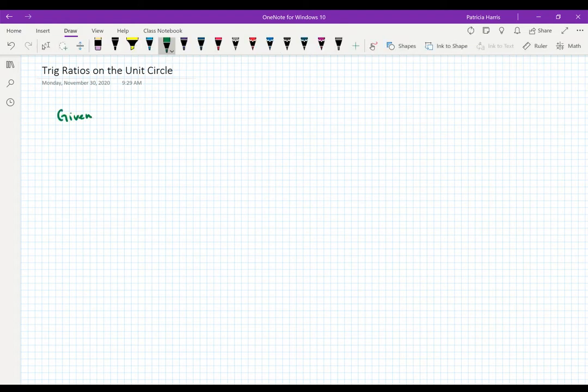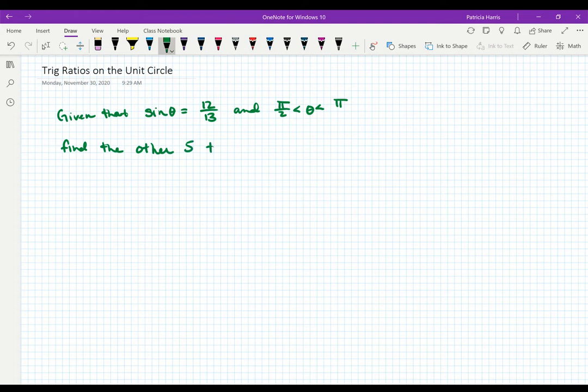Given that sine of theta is, let's just say, 12 over 13, and theta is in between pi over 2 and pi, find the other 5 trig ratios.